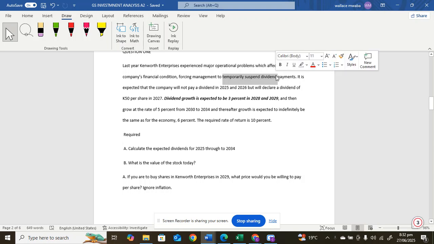It is expected that the company will not pay a dividend in 2025 and 2026, but will declare a dividend of 50 kwacha per share in 2027.